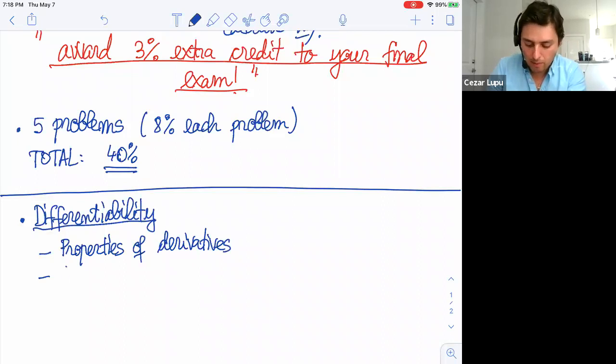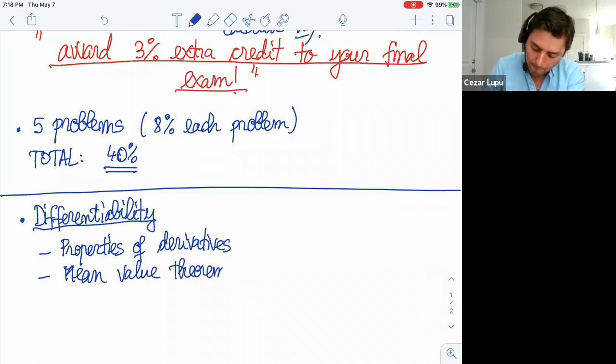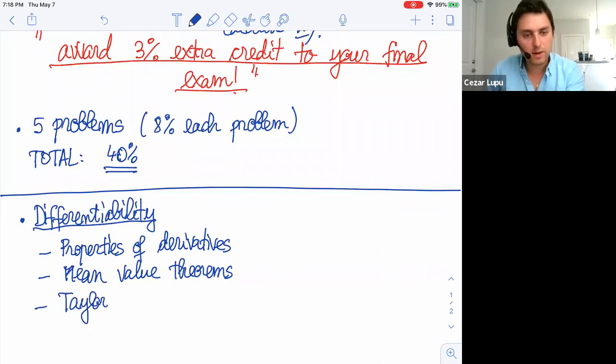Mean value theorems. Here I will include, as a special generalization of Lagrange's mean value theorem, Taylor's mean value theorem.